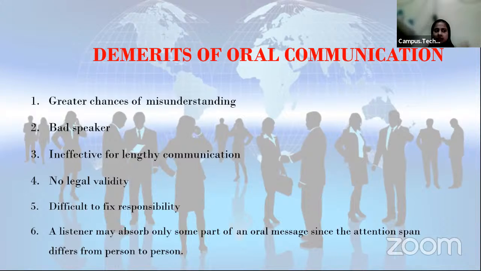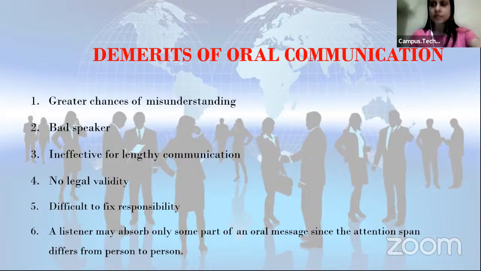Now, if I'm passing on the information, at times when you're using oral communication, the information may get changed till the time it reaches the last person. Because what I was trying to say to one person, when he's communicating the same thing to another person, he might add something or he might skip something.